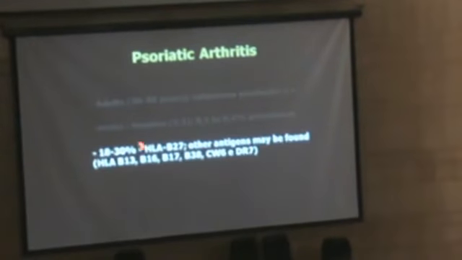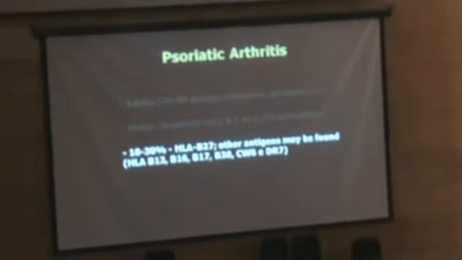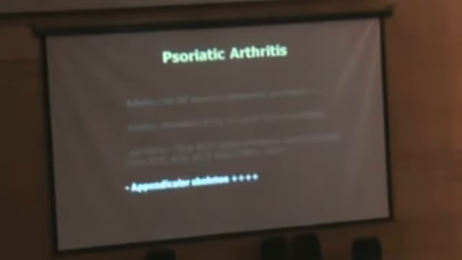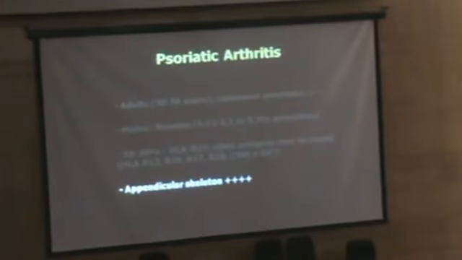And up to 30% of those subjects express the HLA-B27 antigen. And this is a problem. It's not a lot. So it's very difficult sometimes to perform such diagnosis. And it's affecting especially the appendicular skeleton and not the axial skeleton as in ankylosing spondylitis.